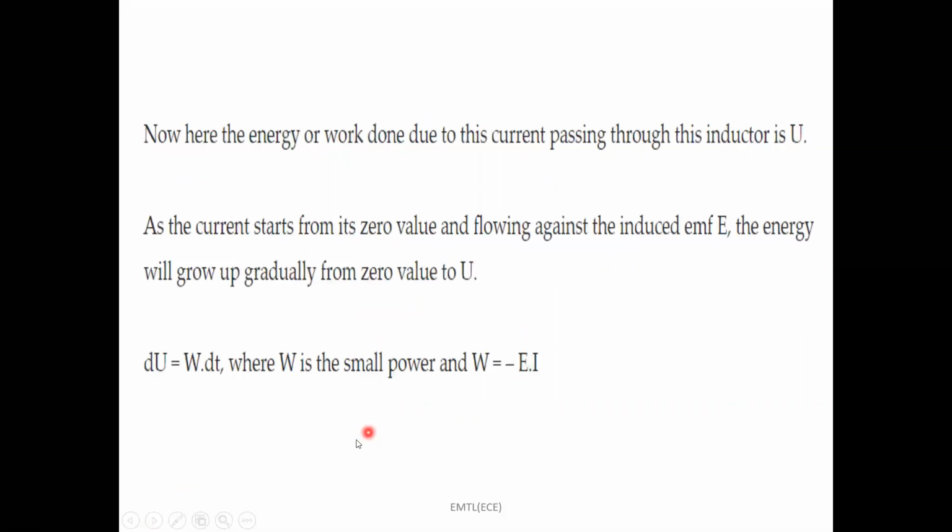Now, the energy or work done due to the current passing through this inductor is indicated by the letter U. Let us assume the current starts from 0 and flows against the induced EMF E, so the energy grows gradually from 0 to U.